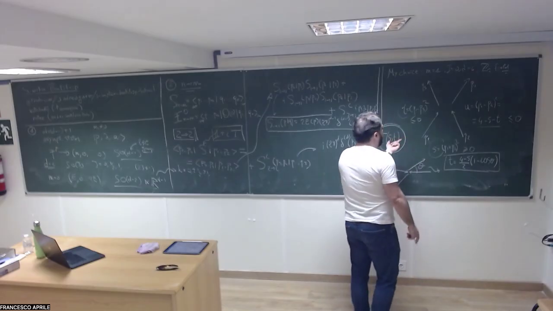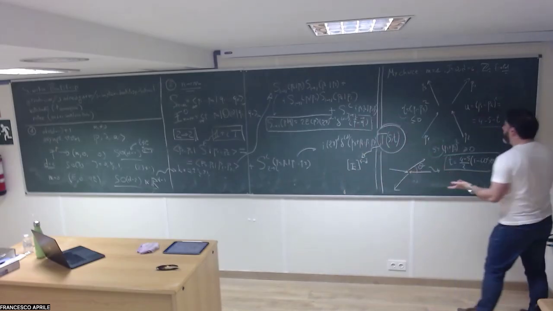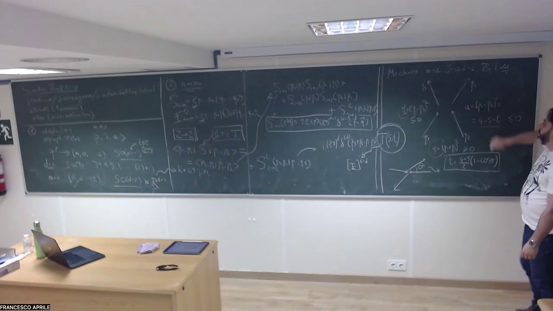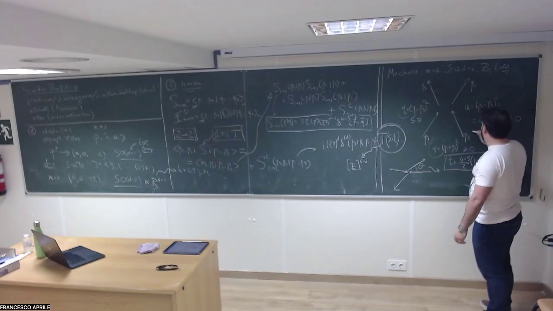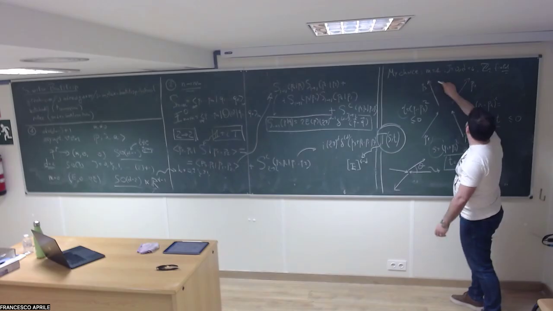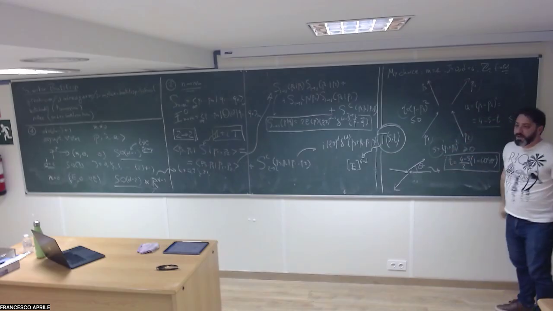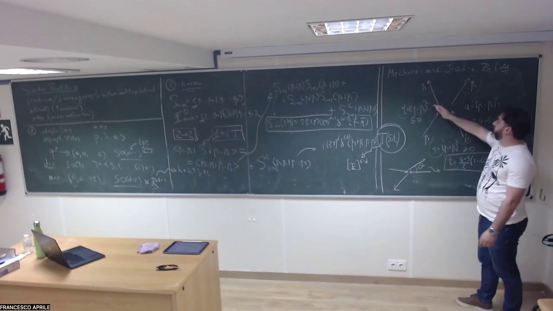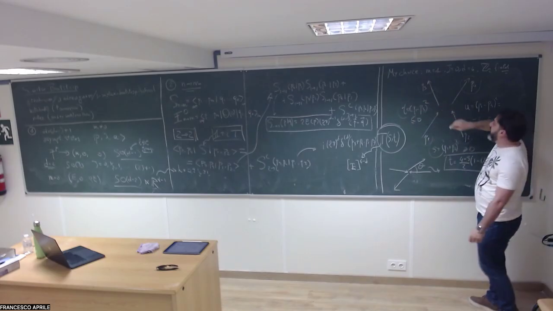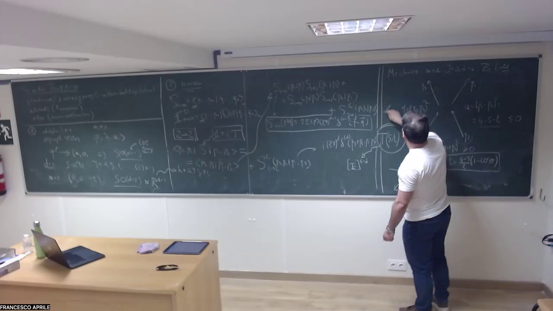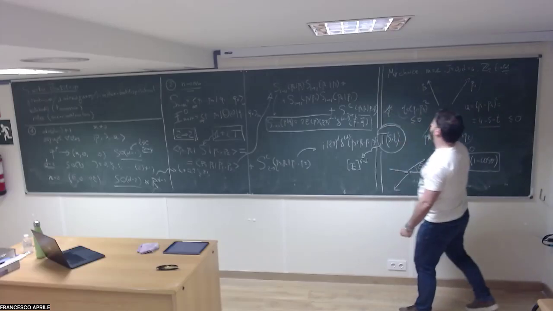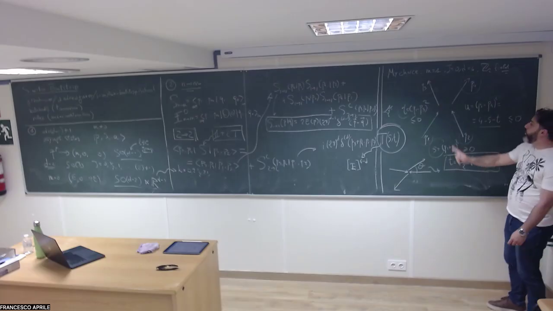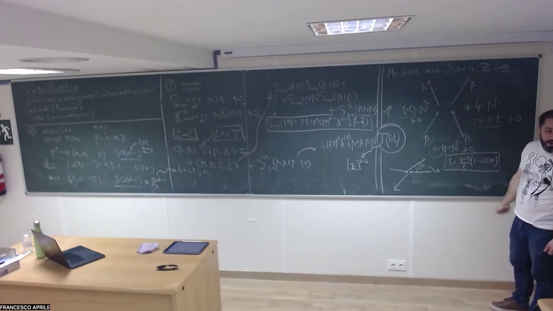Now, since the particles are identical, here I just picked some choice of momenta. For instance, I claim that these are the particles that go in and these are the particles that go out. But I can also look at the process in some other channels. For instance, I can imagine that I look at this process from this side. And then P1 and P3 go in, and P2 and P4 go out.